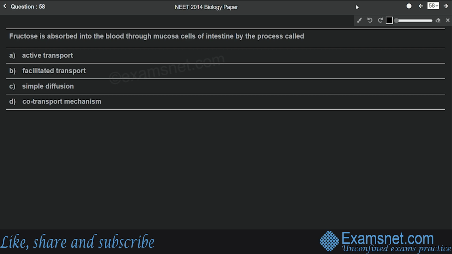Question number 58 is also from the chapter Digestion and Absorption, and the question is, fructose is absorbed into the blood through mucosa cells of intestine by the process called, options are active transport, facilitated transport, simple diffusion and co-transport mechanism. Okay, so we know that fructose is absorbed with the help of carrier ions.